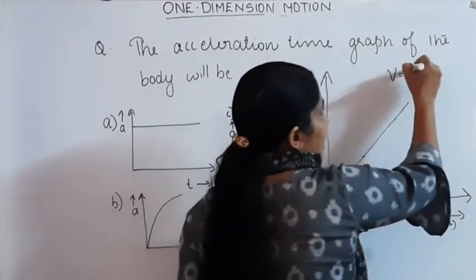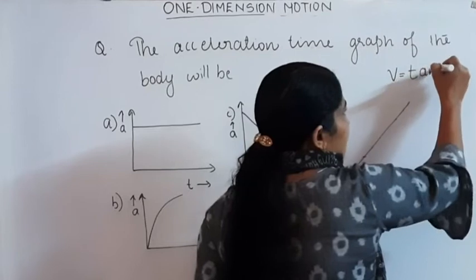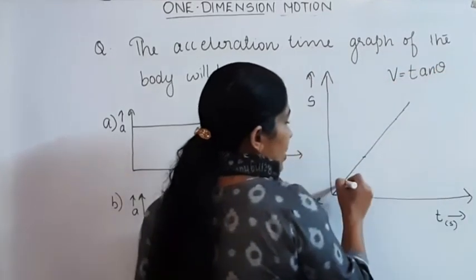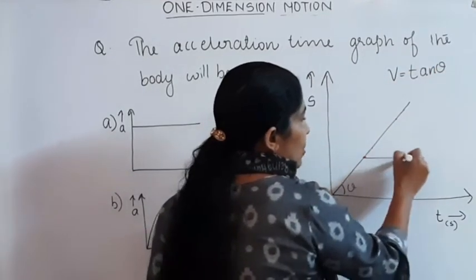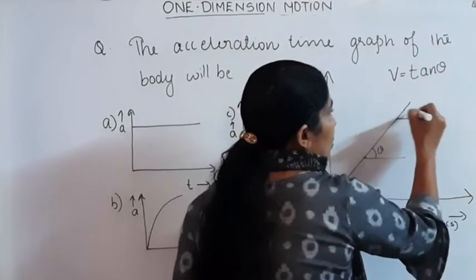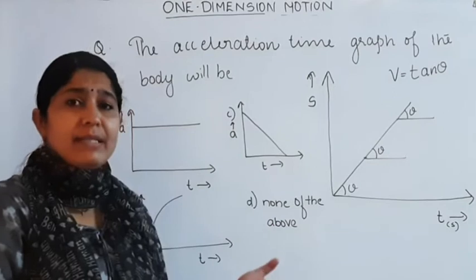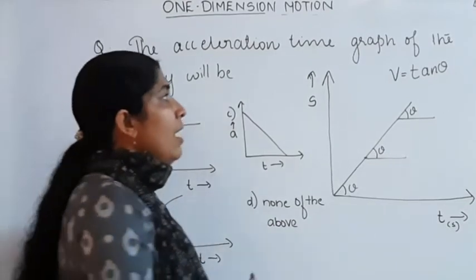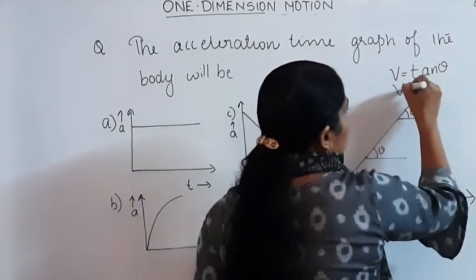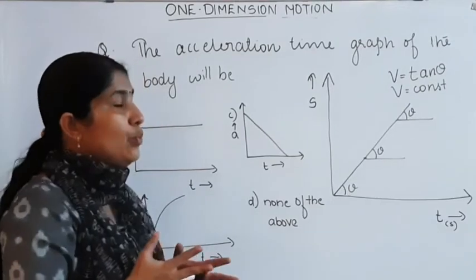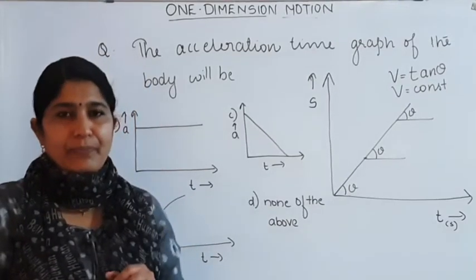Slope is equal to tan theta. Theta remains constant here. Here also the angle is theta. Theta remains constant means velocity remains constant. Velocity constant means the body obeys uniform velocity.